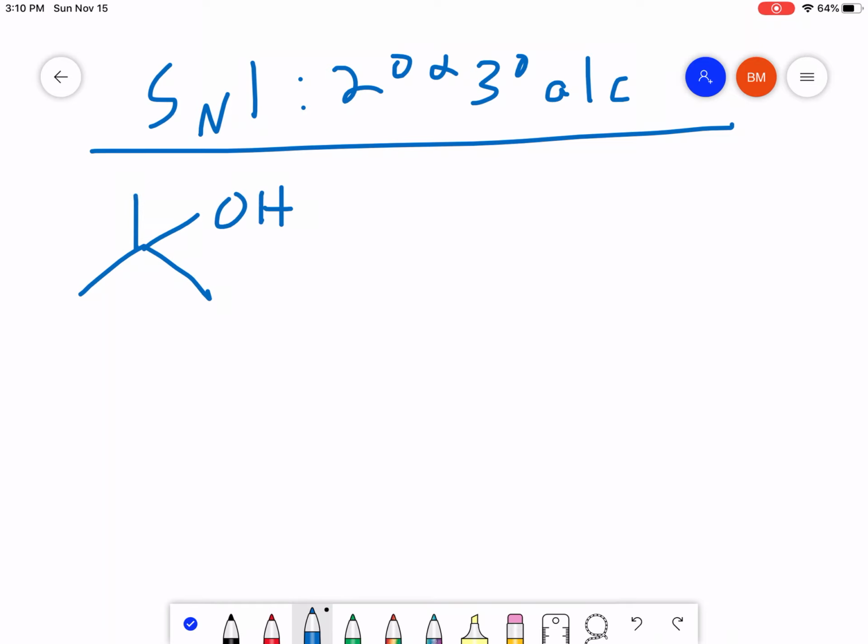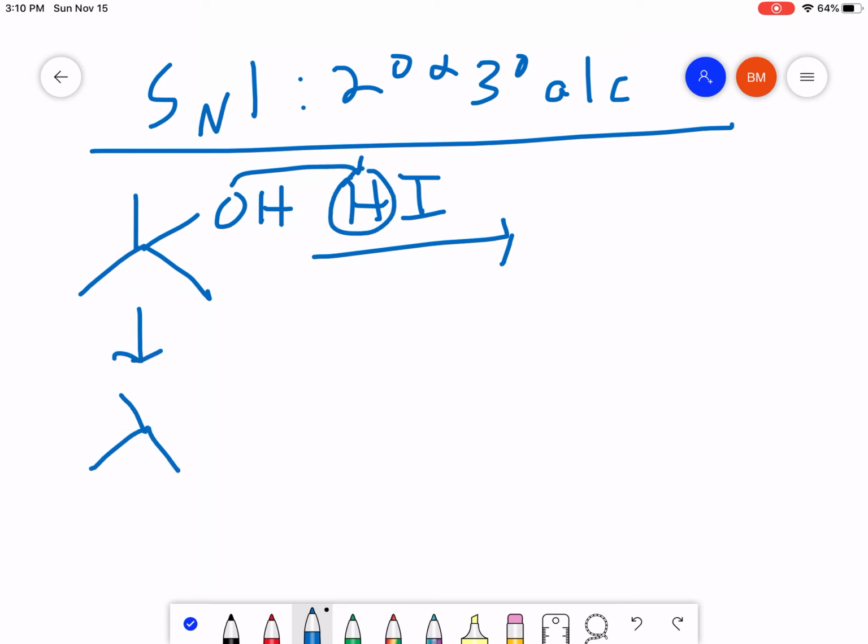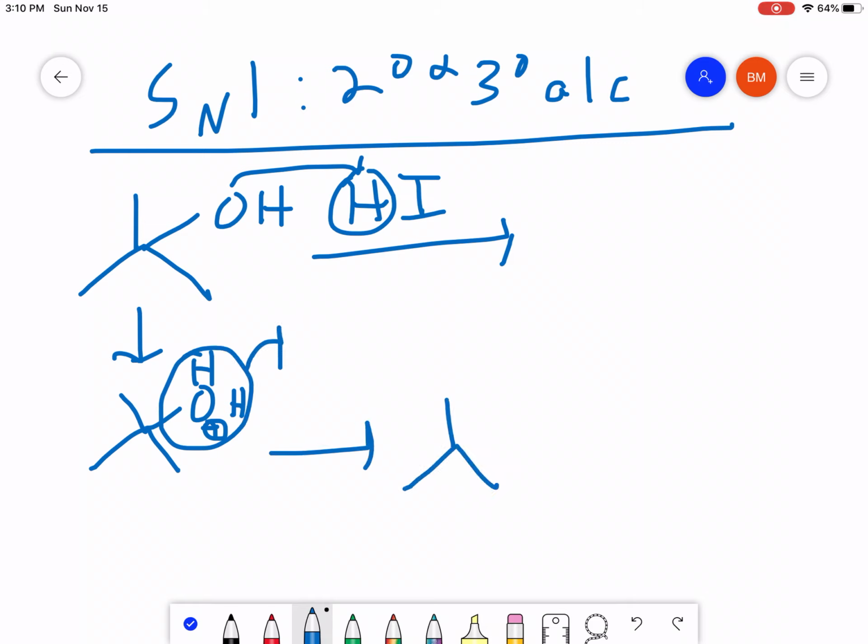If you have something like this, it's pretty simple. We'll use HI since we haven't used it before. It'll start off exactly as you would suspect. We're going to grab a proton. We're going to make some water. Since this is SN1, remember we have to make a carbocation. So we make this. Let's do a check here.